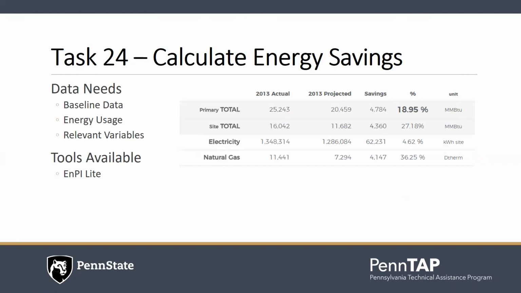So you'll be adding all of this into EnPI Lite, and EnPI Lite will give you that savings percentage for your EnPI. And again, as I mentioned earlier, it's doing a regression analysis in the background. That's personally what I really like about the EnPI Lite tool: it does all the complex math without me needing to do it.